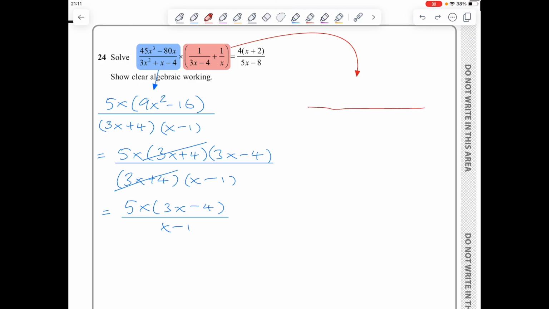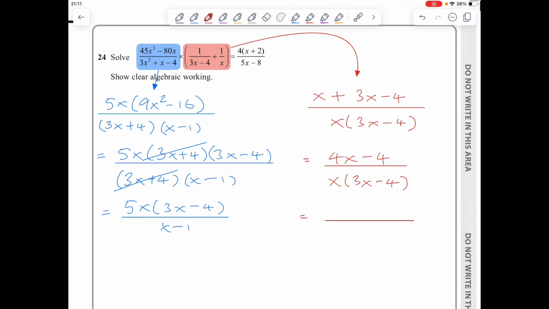The common denominator is x times 3x minus 4, and the numerator is x plus 3x minus 4. Let's simplify the numerator. That's 4x minus 4. Denominator stays the same. I will not expand. And finally, I will factorize the numerator for x minus 1 over x times 3x minus 4.